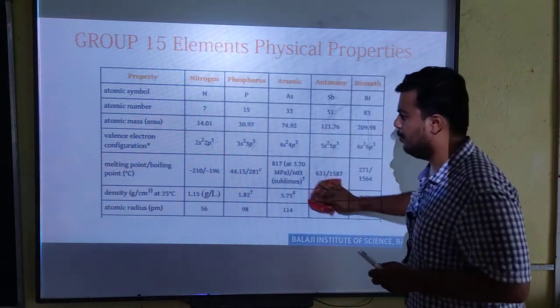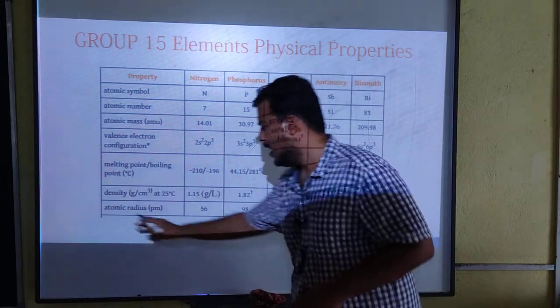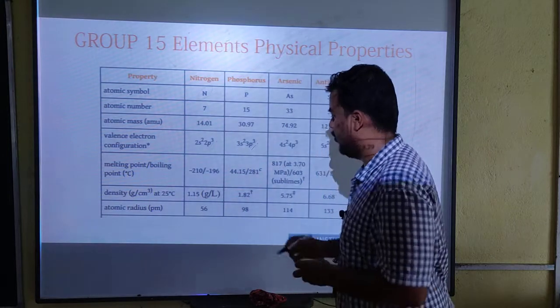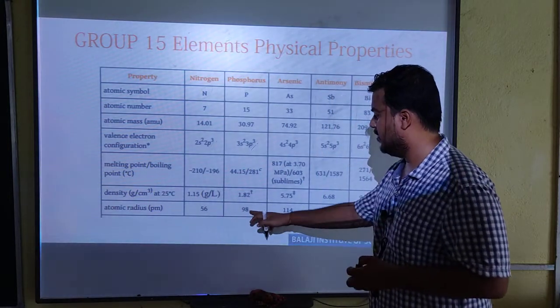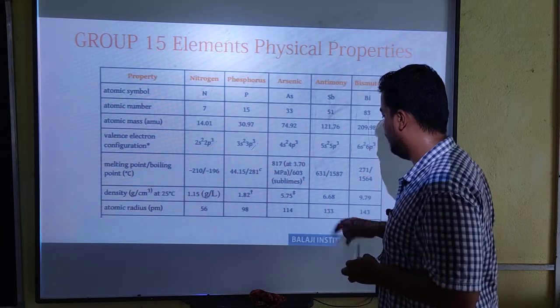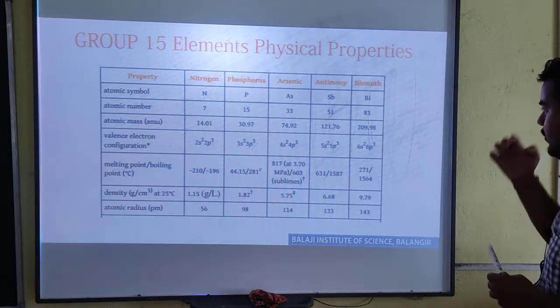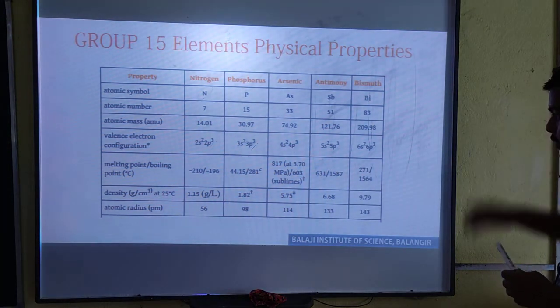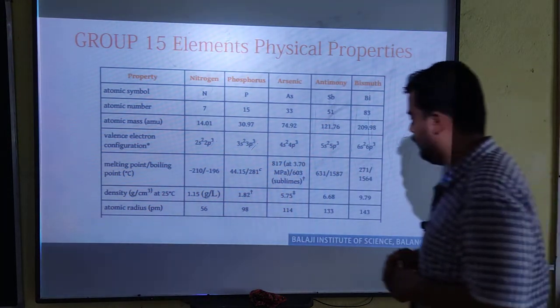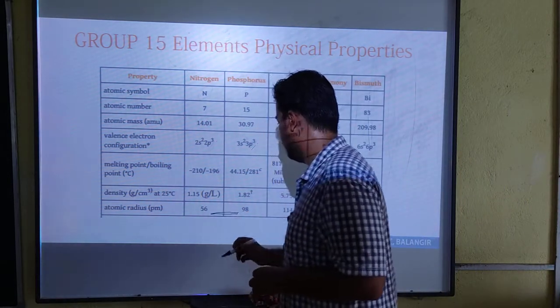So one more important property is the atomic radius. For nitrogen it is 56, for phosphorus it is 98, for arsenic it is 114, for antimony it is 133, for bismuth it is 143. So as you can see, there is a significant growth from nitrogen to phosphorus.